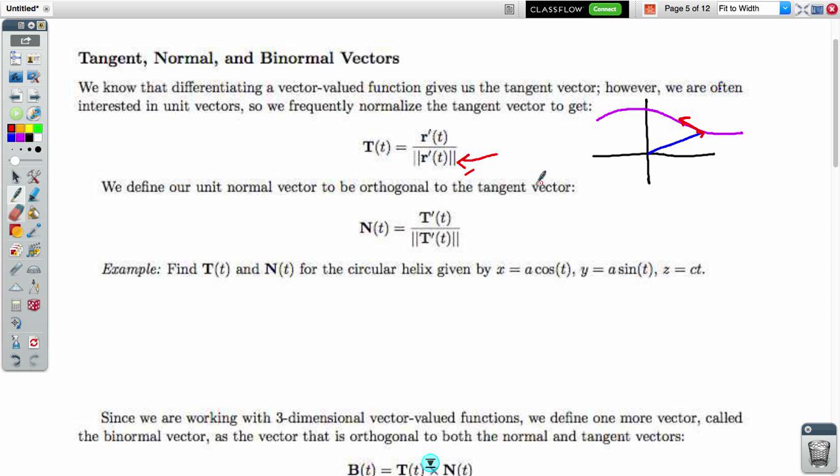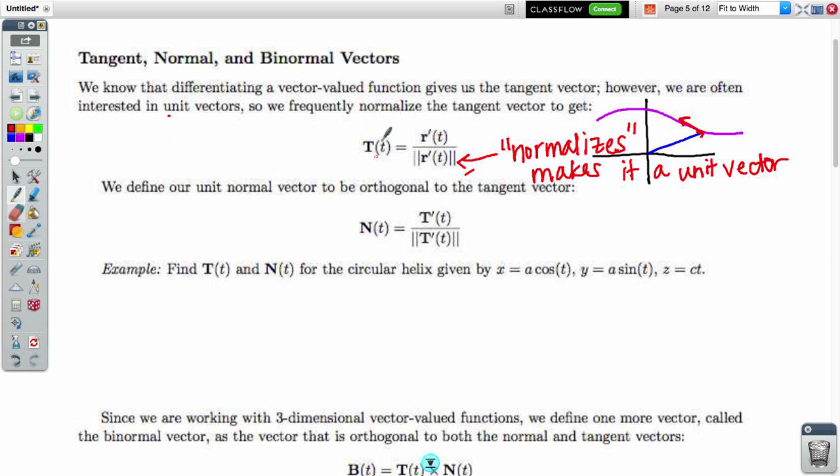So the whole reason that we have this dividing by the magnitude on the bottom is that this normalizes your vector, which just means it makes it a unit vector. When you divide by its magnitude, it makes it length 1. So you'll notice that both of these first 2 definitions are normalized, so these are both unit vectors.